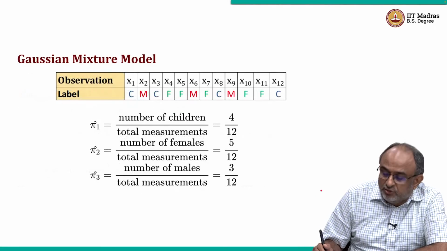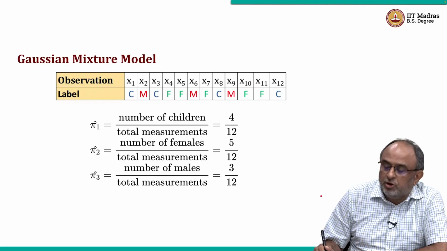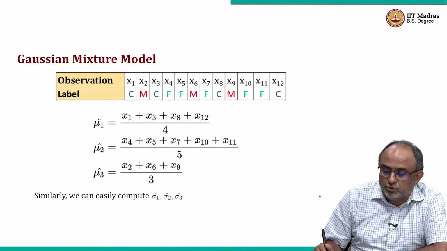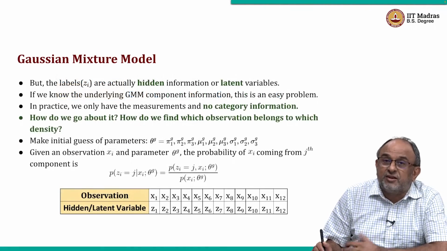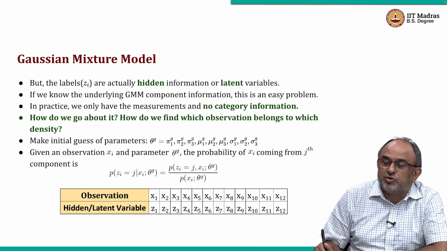So this is what is basically called an expectation maximization algorithm, and the reason why it has to use this iterative method is that it has no clue, or there's hidden information about which measurement belongs to which category.